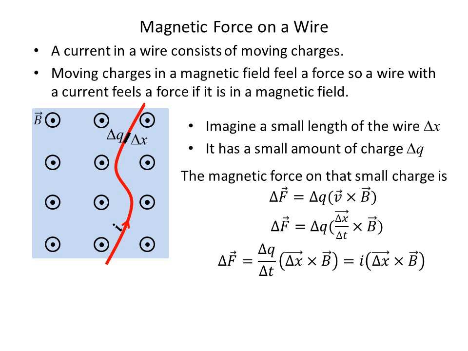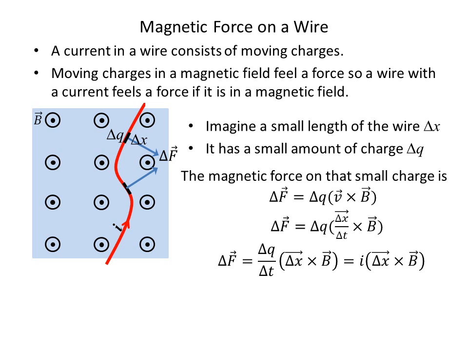So this small part of the force is equal to the cross product of delta x and the B field times the current. And the direction of that, using the right hand rule, you put your fingers in the direction of the current, curl them into the direction of the B field, pointing out, and your thumb then points in the direction of the force, or to go down and to the right.